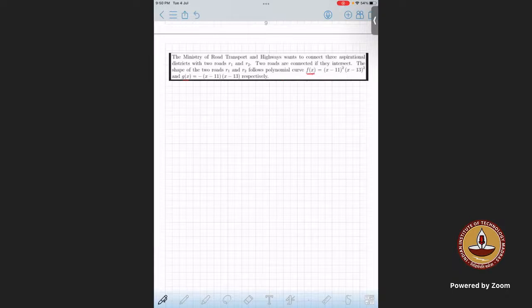That means, how did you find the intersection point between two straight lines? Yeah, equate f of x and g of x.